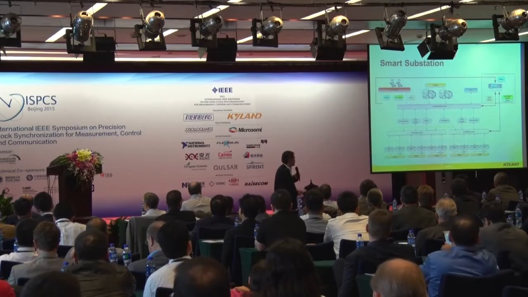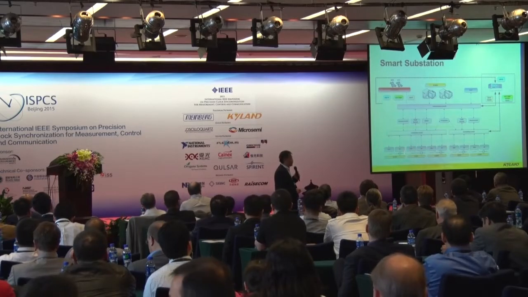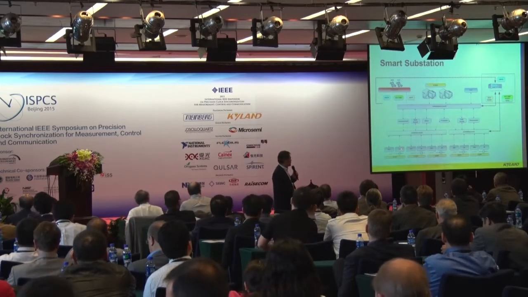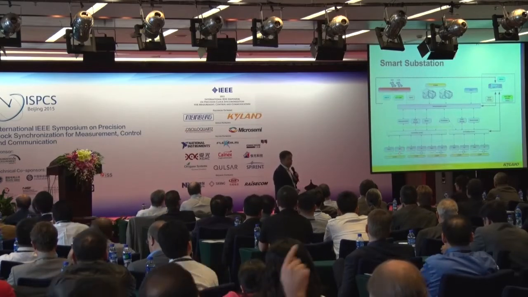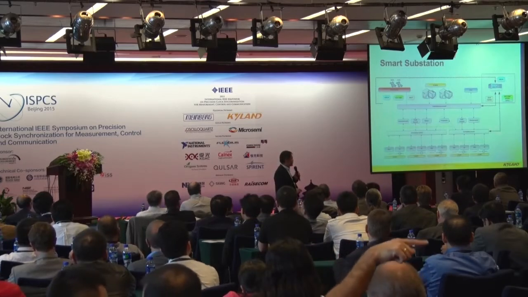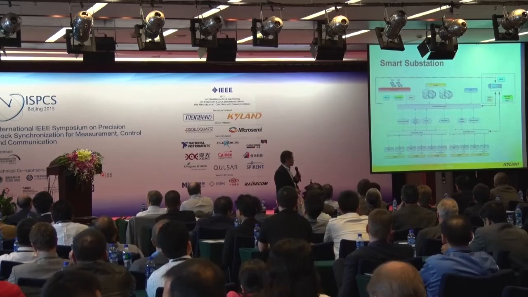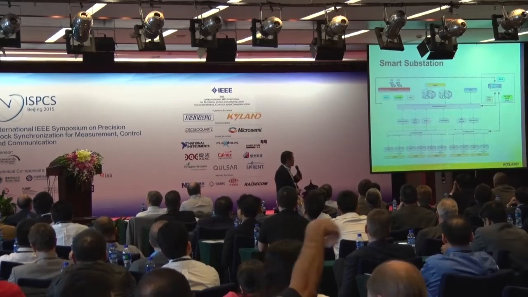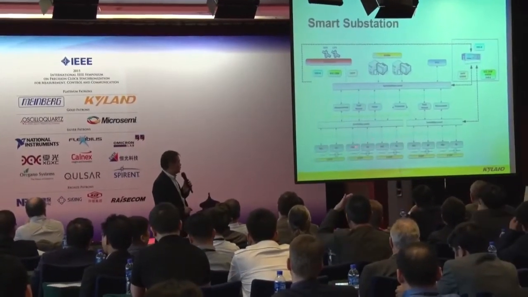For the process layer, we use lots of merging units, and all the sampling values come from here. The sampling value rate is 4,000 times per second, so we must keep all the merging units time synchronized. Sometimes an IED takes sampling data from different merging units.